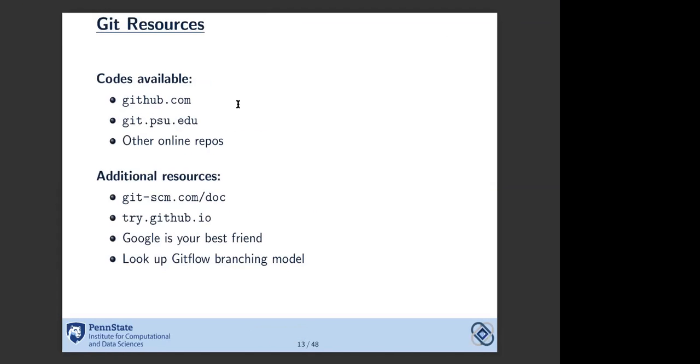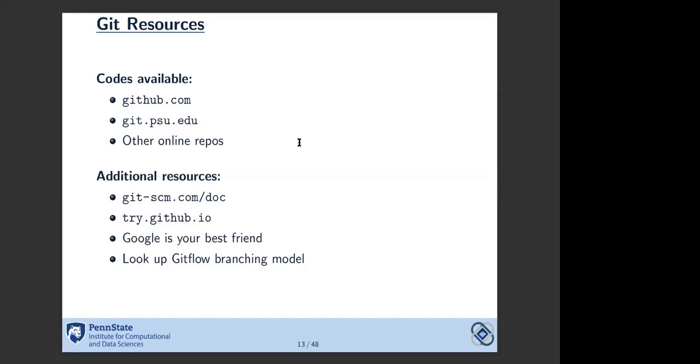I mentioned that Git is widely used. So GitHub is a web-based implementation of Git. It has Git, and then it has this web-based front end on top. So that's something that you can use to remotely store your Git repositories.